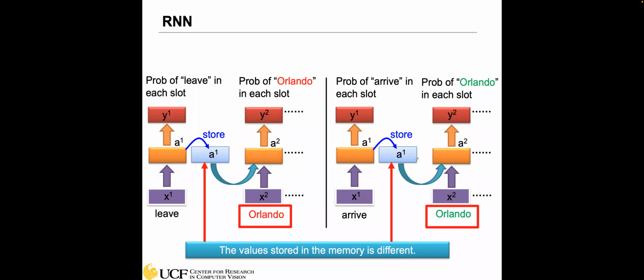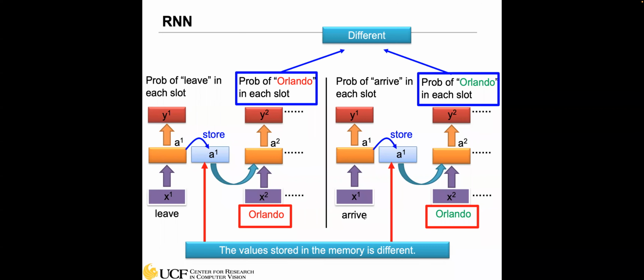But in this case, the value stored in the memory is different because it comes from the input of arrive. So this will generate a different probability for Orlando in each slot. Maybe this one, based on the context, has a high probability of place of departure, and for this case, we'll have a high probability of destination.